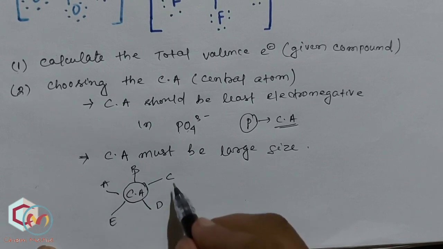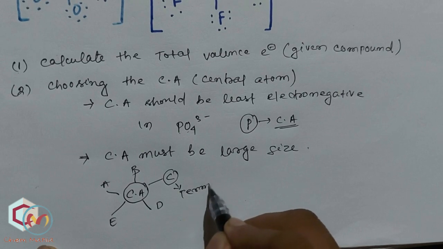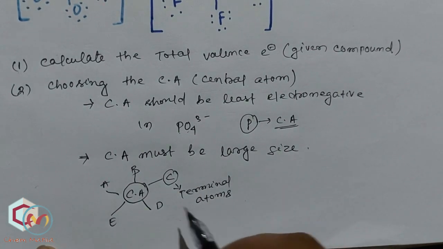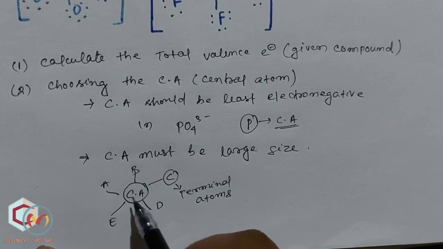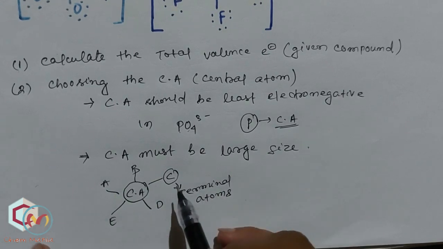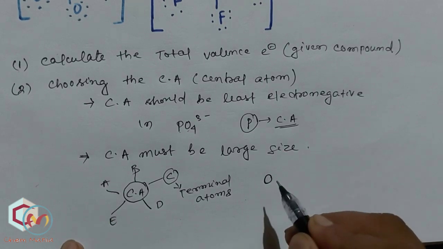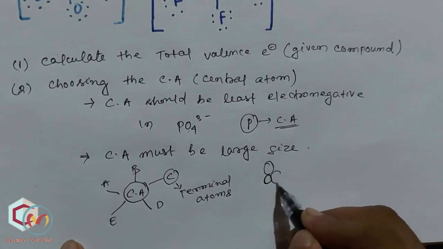These atoms are known as terminal atoms. These are terminal atoms and this is the central atom. So the central atom must be larger in size. If we have a central atom that is small in size and terminal atoms are larger in size, what happens?